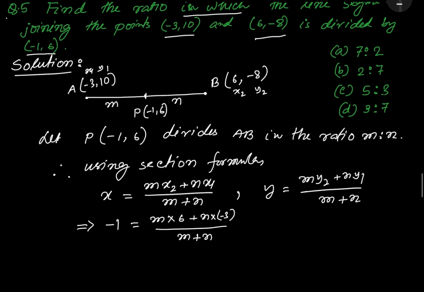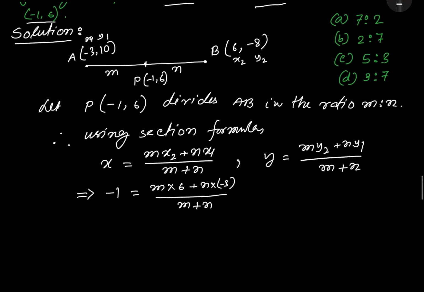Now cross multiply. First simplify: this is (6m - 3n)/(m + n). Now cross multiply: 6m - 3n = -1 times (m + n), so -m - n.